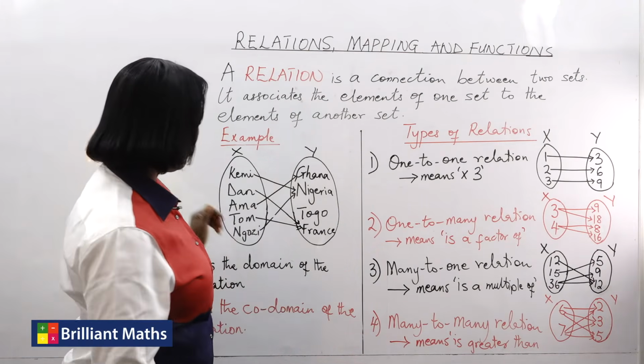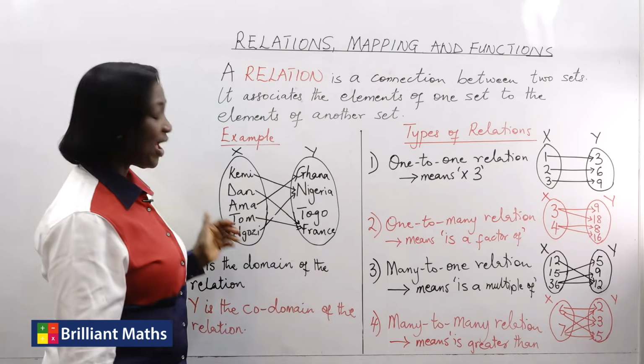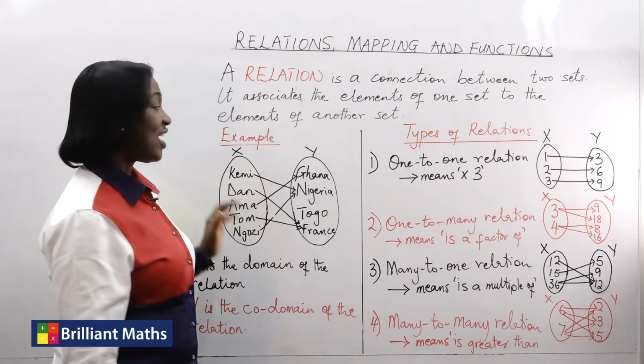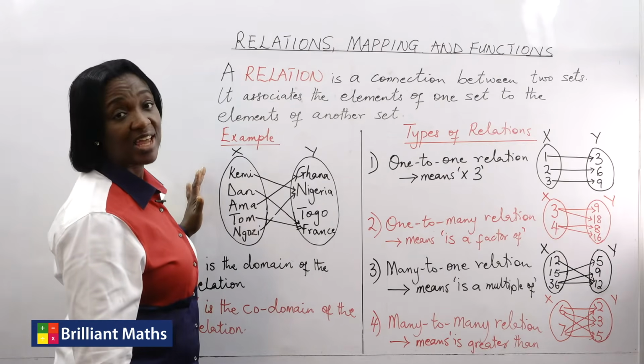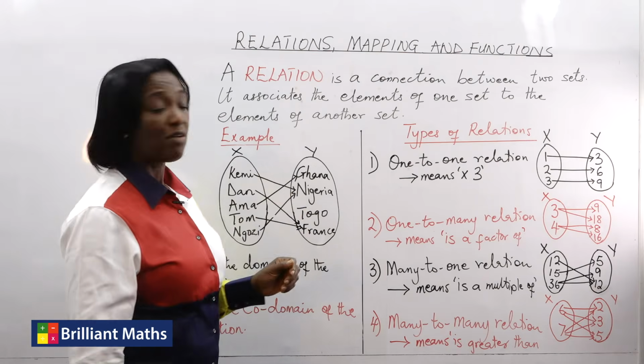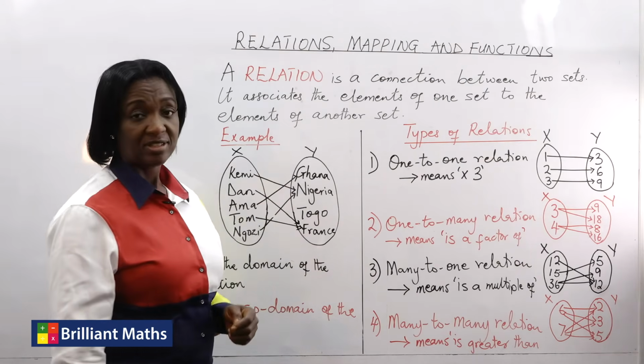So for example, we have Kemi, Dan, Ama, Tom, and Ngozi. They are all friends in a particular set, let's say set X. And we have the countries from which they come: Ghana, Nigeria, Togo, and France.